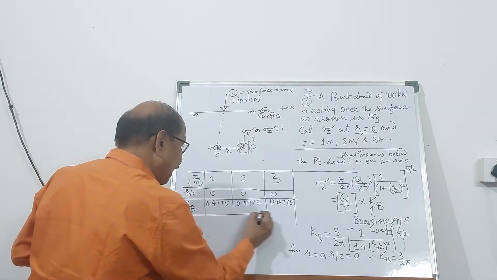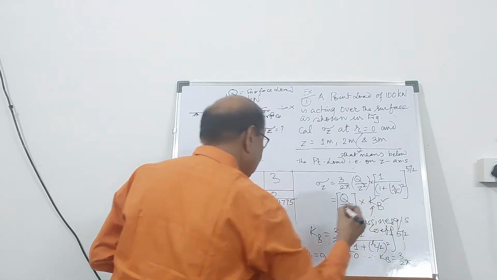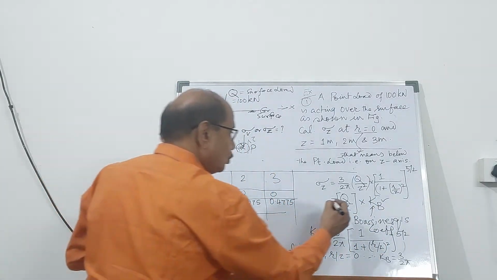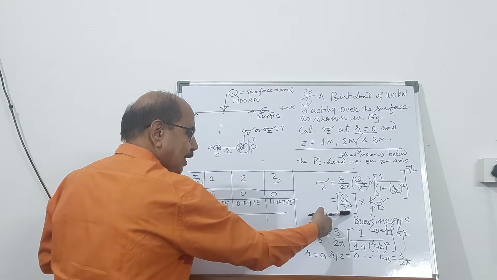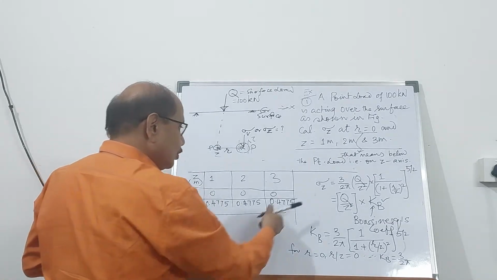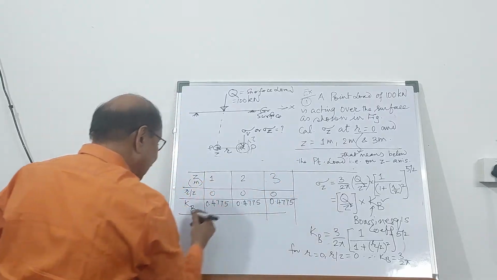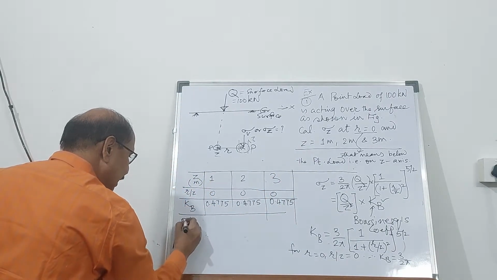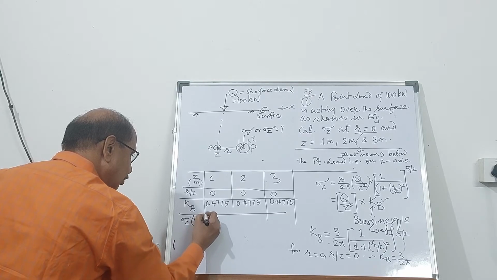So the value of Kb is known to us. Now there is Q by Z square. So now you need to calculate sigma Z. Sigma Z in kilopascal you can now calculate.